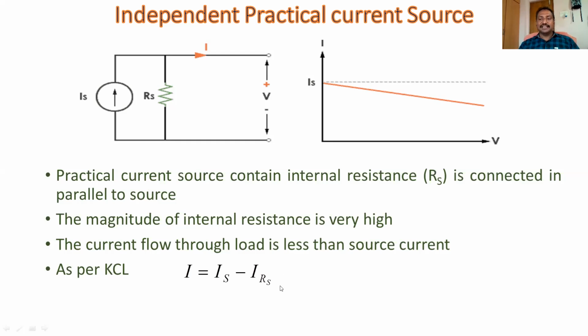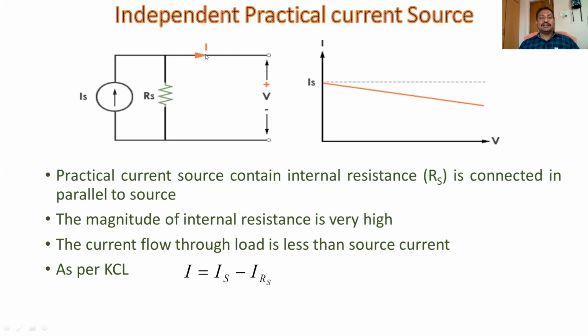If you increase the resistance, for example, 1 by 100 is 0.01, 1 by 10 is 0.1, 1 by 0.01 is 100. So Is minus 0.01 we can neglect, while 1 by 0.01 is 100. So is 0.01 better or 100 better? 100 is better. So this Rs should be maintained at a high value of resistance.